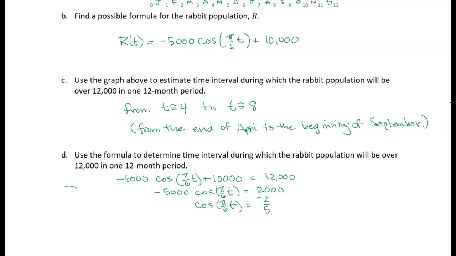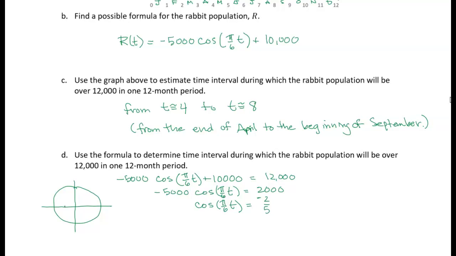So I'm just going to draw a unit circle. Okay, I love drawing unit circles. All right, so the cosine value of pi over 6t is negative 2/5. Okay, so the cosine is negative, which means we're over here.